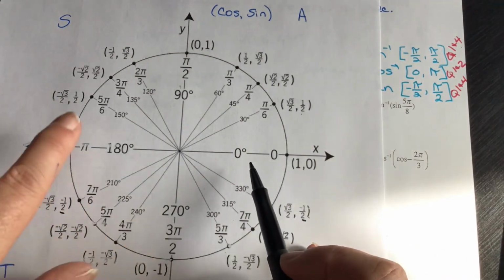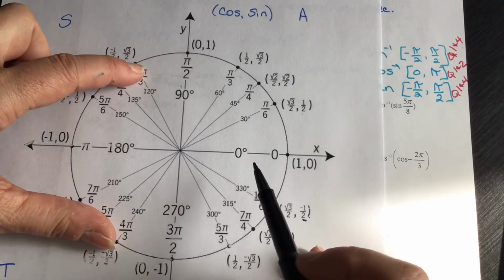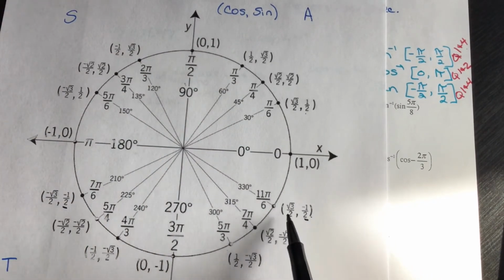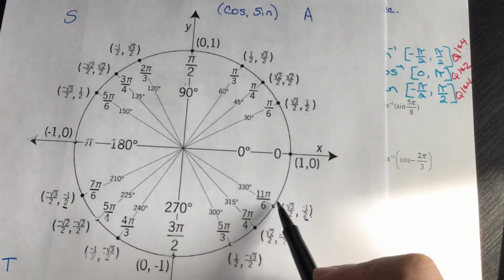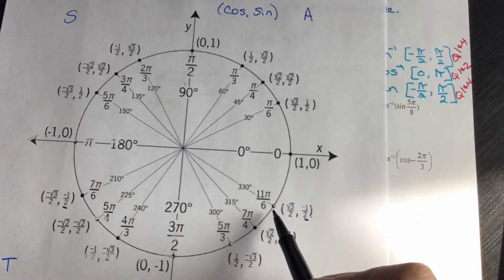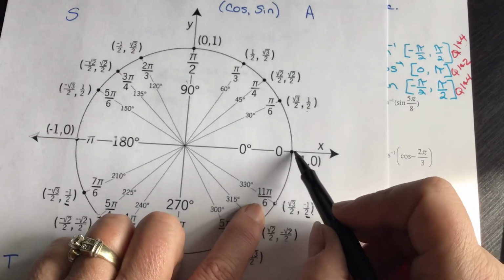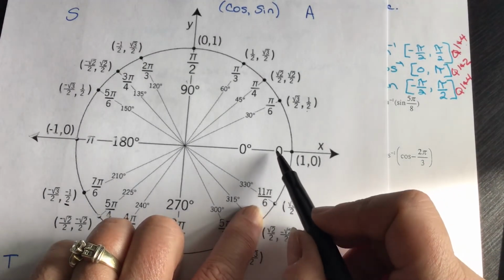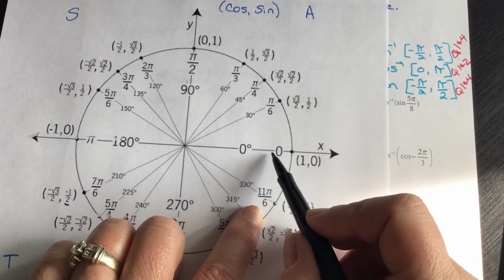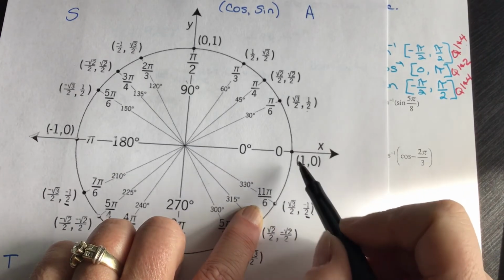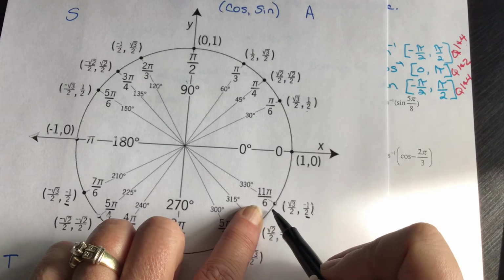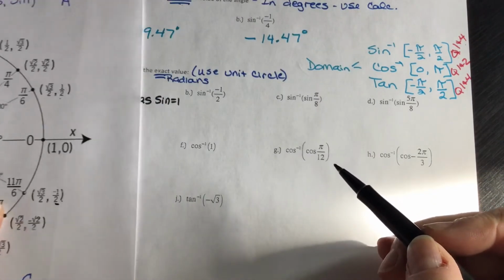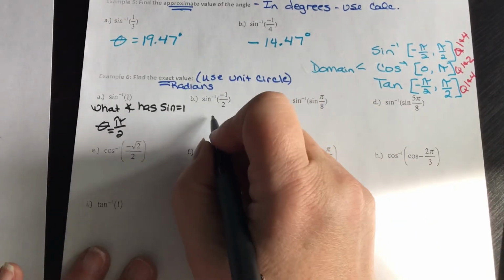So I'm not looking in quadrants 2 and 3, and I'm basically looking at this angle right here. But I'm going to name it as a negative angle. If I start here and go backwards, remember this is 2 pi, or 12 pi over 6, and if I go backwards, this is negative pi over 6, which fits in our domain.